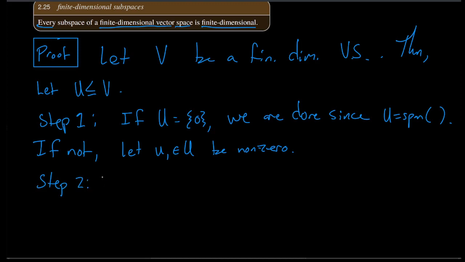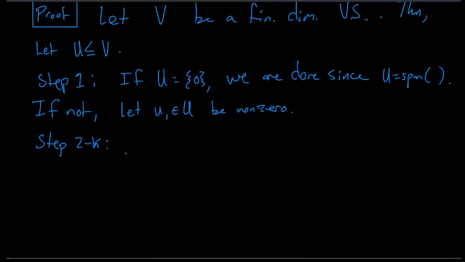Now, let's do the rest of it. Steps 2 through k, maybe? Here's the idea. We're going to proceed as if we were doing the second step. Take the span of u1 all the way up to u j minus 1.